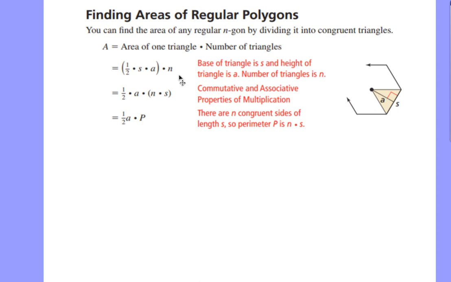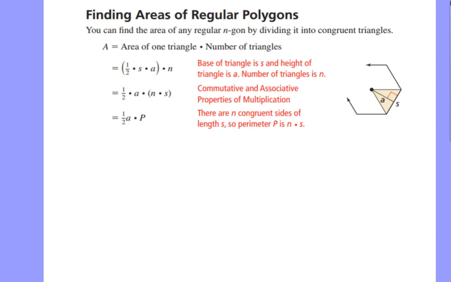If it's just this top formula, why can't we leave it as that? Well, you can, but I want to show how it can be broken down further to see the relationship between the number of sides and the side lengths, making it a correspondence to the perimeter. Now we can use it as a way to find the perimeter if we don't know a side length.